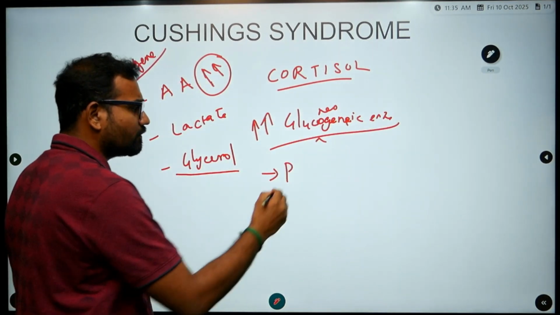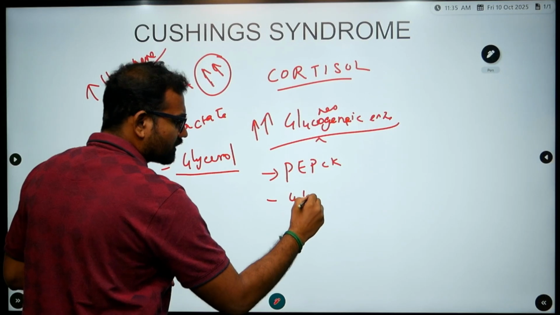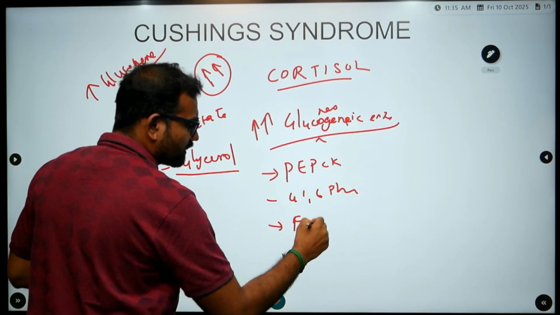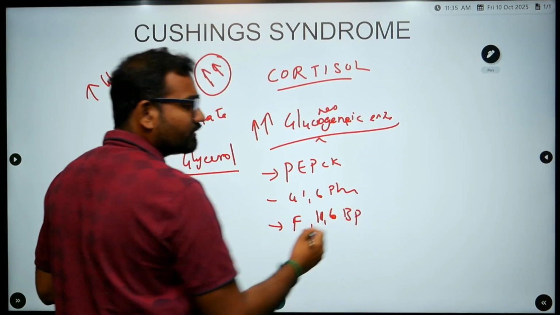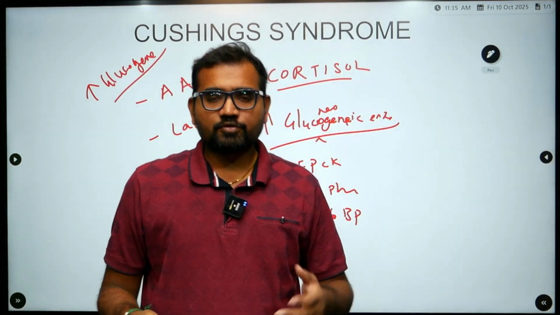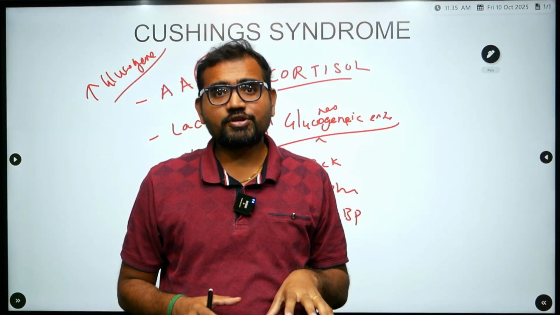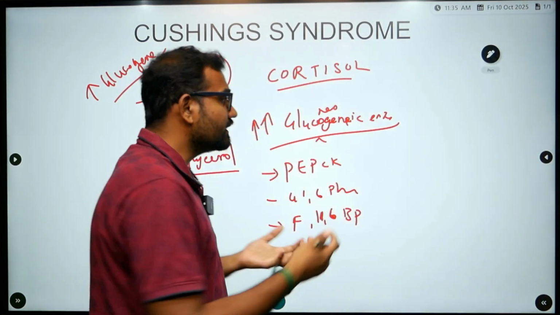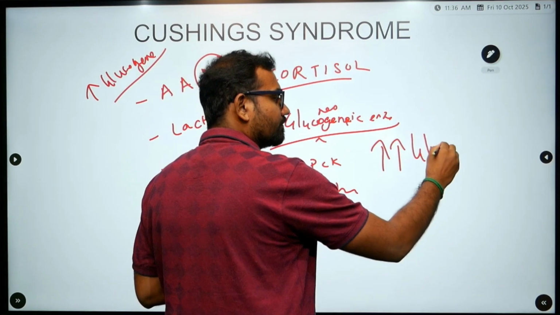For example, phosphoenolpyruvate carboxykinase, glucose 6-phosphatase, and fructose 1,6-bisphosphatase. All these enzymes are increased by cortisol. So it increases raw material and the gluconeogenic enzymes in the liver. All these favor increased production of glucose in the bloodstream.